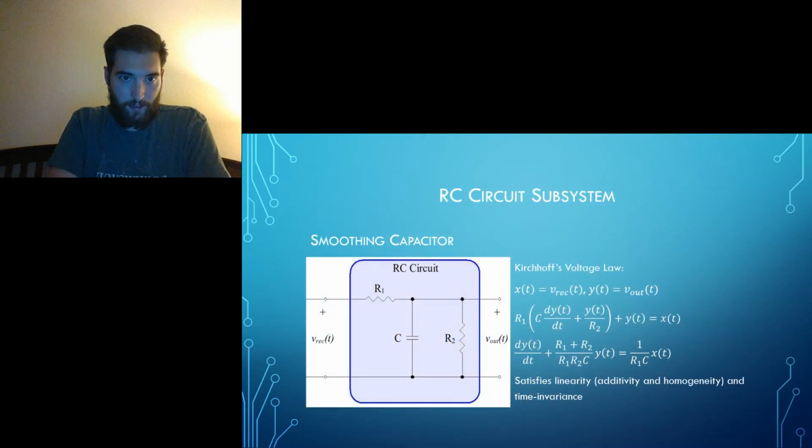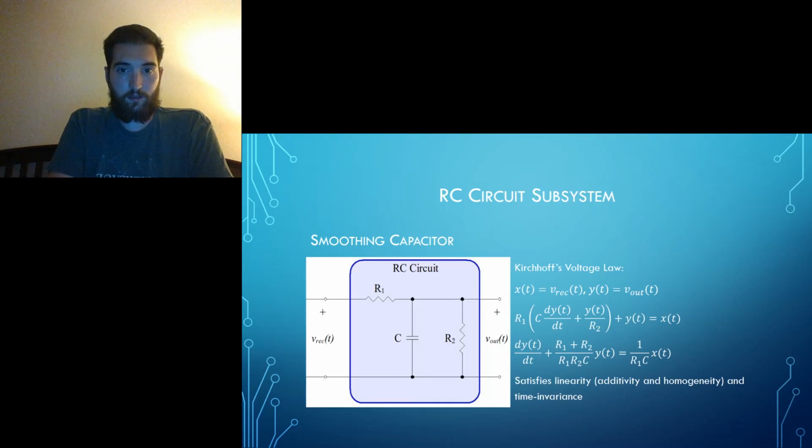So the smoothing capacitor side, the RC circuit subsystem, is essentially a smoothing capacitor. It takes the voltage from the rectifier as an input, and using Kirchhoff's voltage law, you can derive the equation for that output, and using that equation it can be shown that it does satisfy linearity, both additivity and homogeneity.